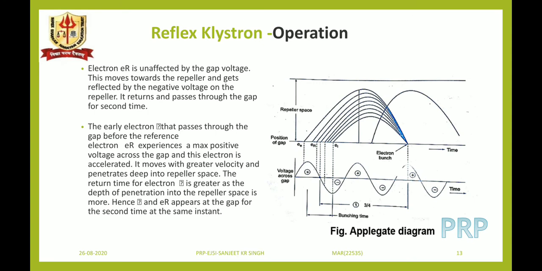Negative going, positive going, it completes one cycle, then 3/4, so it is coming to the 90 degrees positive, as we see in the applegate diagram, where all the electrons are converging to form a dense bunch.